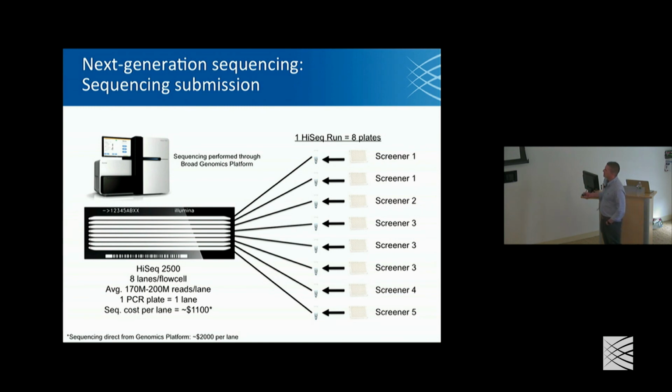One of the nice things about this setup is that you get to enjoy the lower cost of sequencing, about $1,100 per lane, versus if you were to walk up to the genomics platform and try to get similar sequencing, you're going to pay almost twice that. So it's really cost effective to have us handle your samples, process, and go through sequencing.